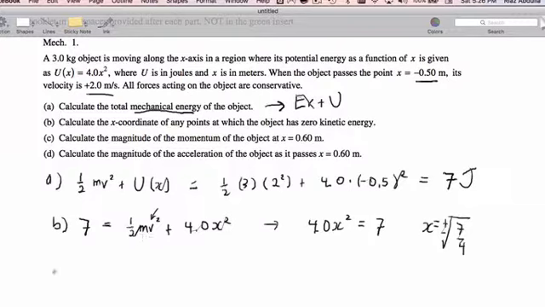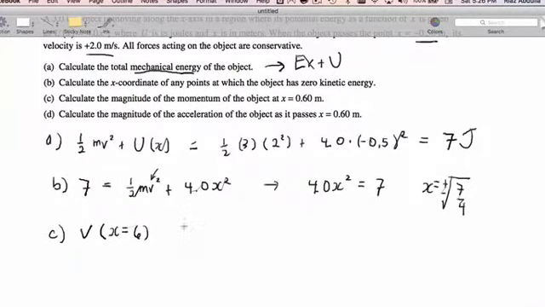Then for part C, it says, calculate the magnitude of the momentum of the object at 0.6 meters. So let's get V at 0.6 meters in the following manner. And then we'll take P equals M times V, where V is what the speed is when we're at 0.6 meters. So here we go. We know 7 equals 1/2 times 3 V squared plus 4.0 times 0.6 squared.